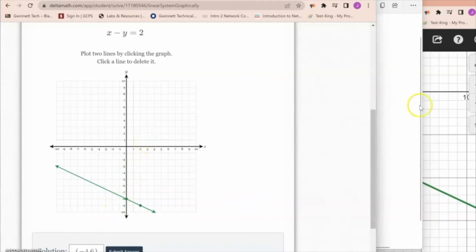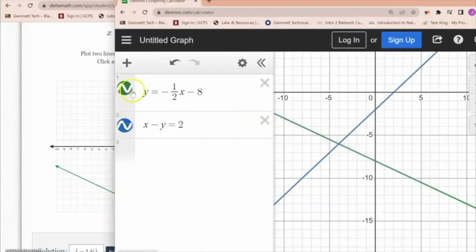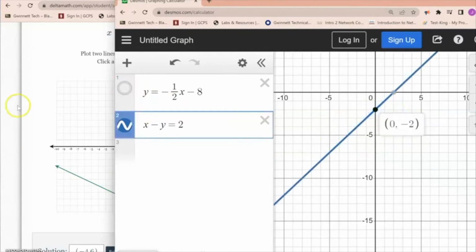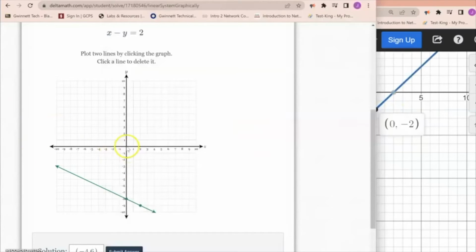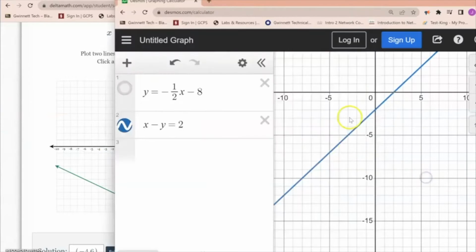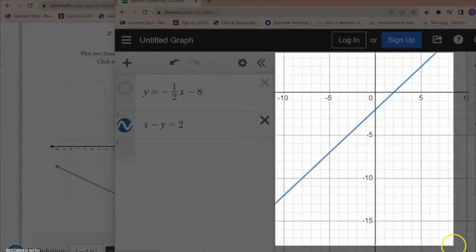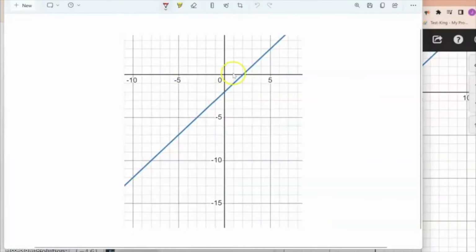All right, then you're going to highlight your second one, hide this one. Again, your y-intercept is easy, 0, -2. So my second line is 0, -2. And then you're going to find a corner. I'm going to show you a corner one more time. It's going up by ones, so be careful how it's going up.